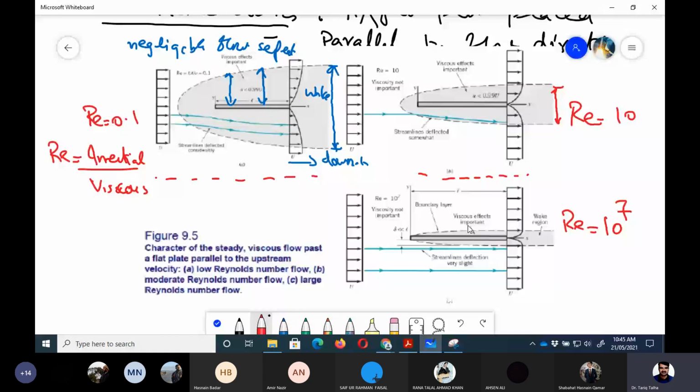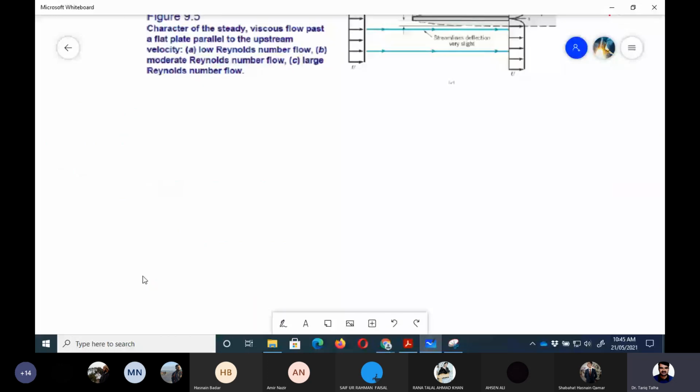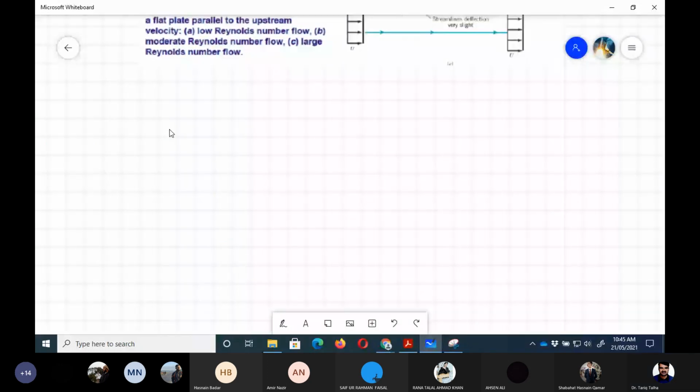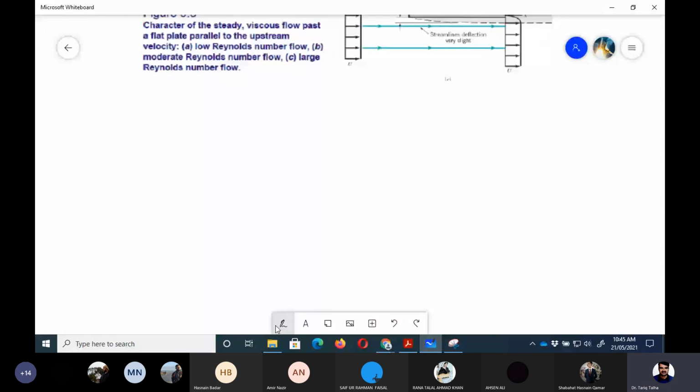Now, this was the case when we talked about the flow over a streamlined body. Now we are going to talk about flow over a semi-blunt body.